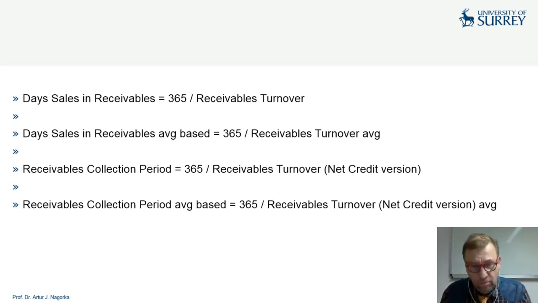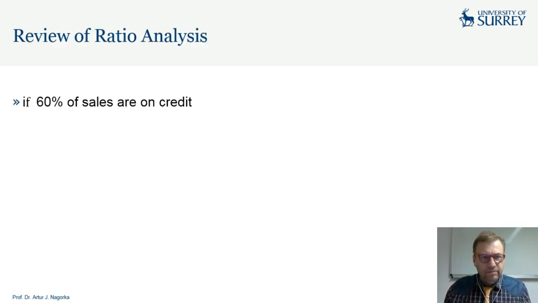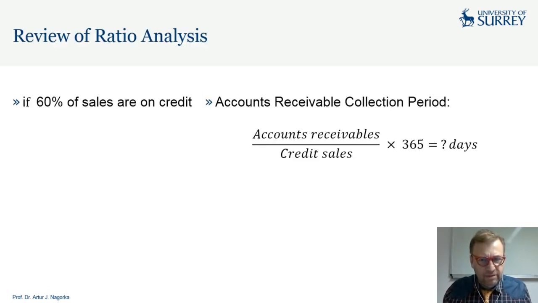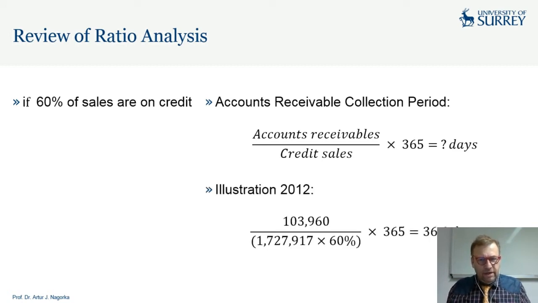So it's getting a bit complicated or scary at the moment, but I hope I explain it to you in a sort of logic step-by-step way. Now, when we want to do an example, for example, we have this sales on credits and a following illustration. How we calculate this? Because from the management point of view, we need to have information: what percentage of our sales is on credit in order to have this number of credit sales?